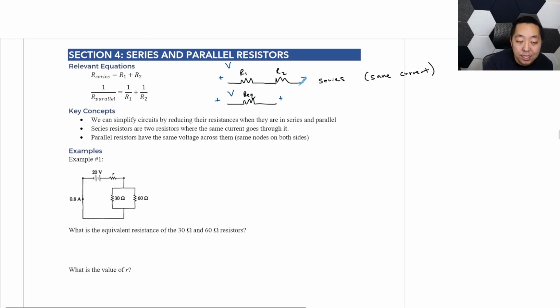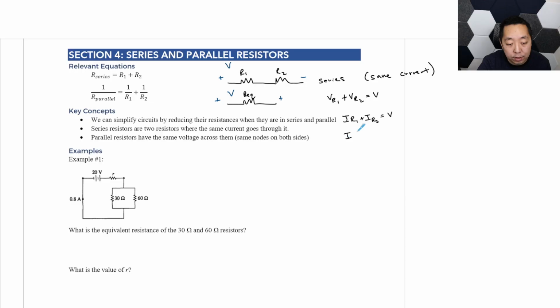Well, because they share the same current, you know that the voltage drop across R1 plus the voltage drop across R2 is going to equal V. That's kind of the equivalent of what KVL is. Now, the voltage is I times R1 plus I times R2 equals V. You can factor out the I, so I times (R1 plus R2) equals V. And this is like an equivalent resistance.